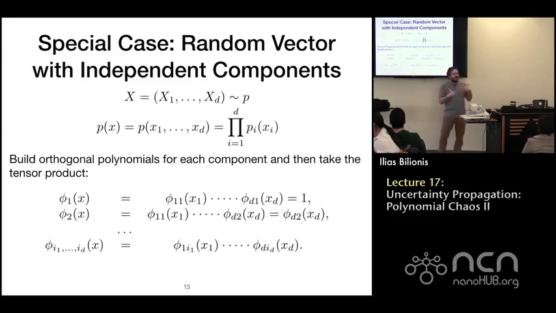So most of the time, when your random variables are independent, so when you have a set of random variables and each one of them is basically completely independent of everything else, then their joint density factorizes like that, and you can build orthogonal polynomials for each one of the components and then put them together, basically taking all combinations of these polynomials and multiplying them together. Okay, so this is known as the tensor product of the D sets of polynomials that you have in there.